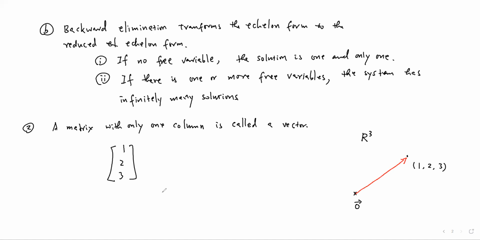Therefore, we identify a vector as a point and also as an arrow starting from the origin and ending at this point. So a vector, a point, and an arrow, they are the same thing.